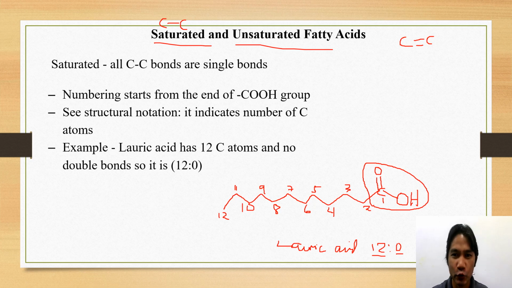Alright, so that's how we write a fatty acid. That's how we draw the line formula. Remember, we don't put the hydrogens anymore because it's understood that each of the carbons has its corresponding number of hydrogens.